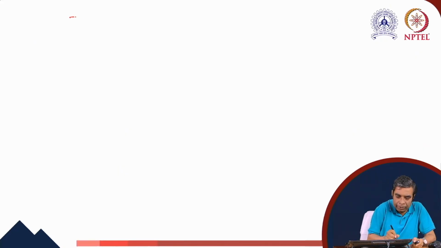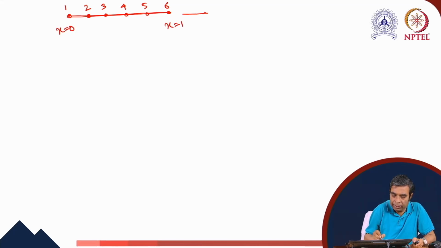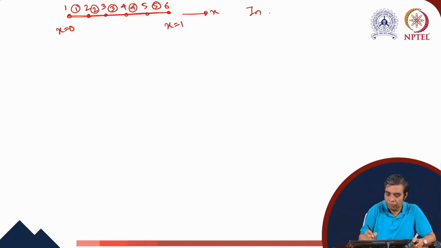So now let us generate the coordinate array. So we have 6 nodes, global nodes 1, 2, 3, 4, 5, 6. This is x equals to 0, this is x equals to 1 and this is our x axis. So elements are 1, 2, 3, 4, 5 in one dimension. For this present case, our x array is x r comma capital A equals to x bar.